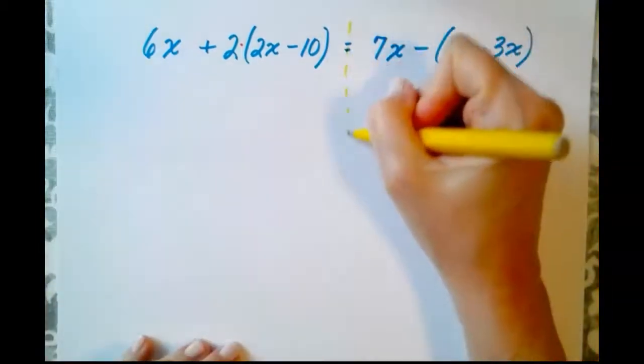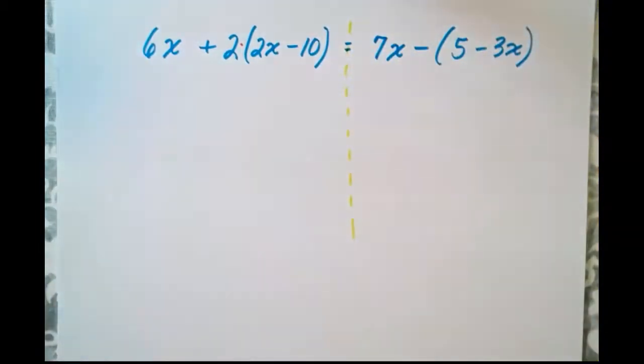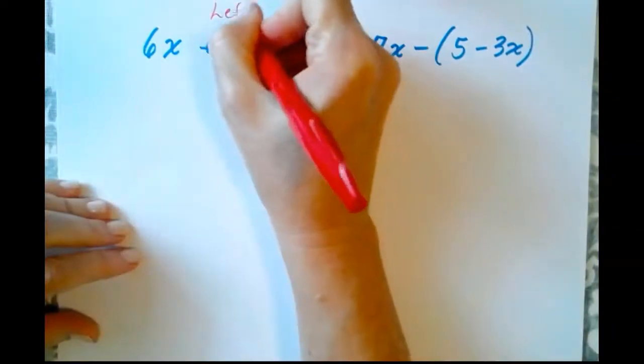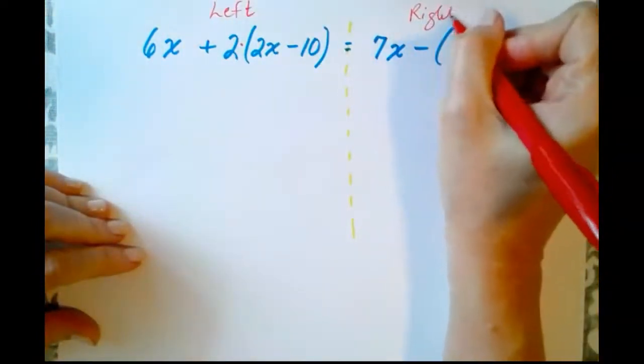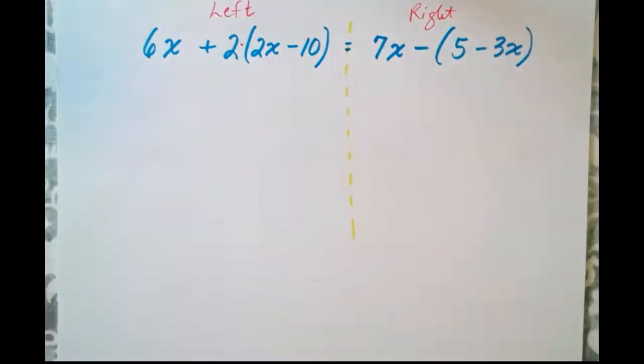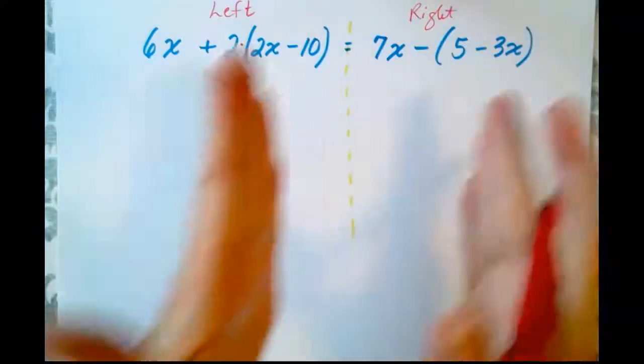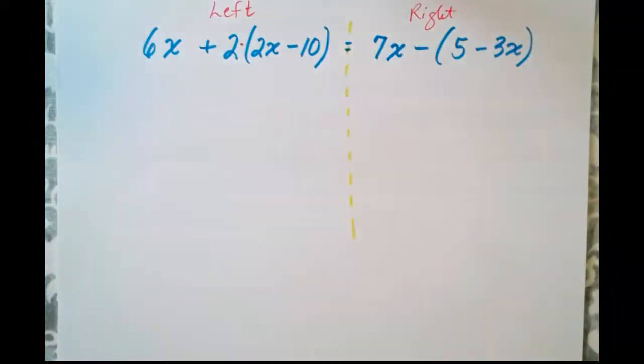Keeping my equal signs lined up, we are going to follow order of operations on the left, and we are going to follow order of operations on the right, and then we're going to combine like terms. We always first want to take an opportunity to use order of operations to simplify the left, simplify the right, before we even start solving the equation.